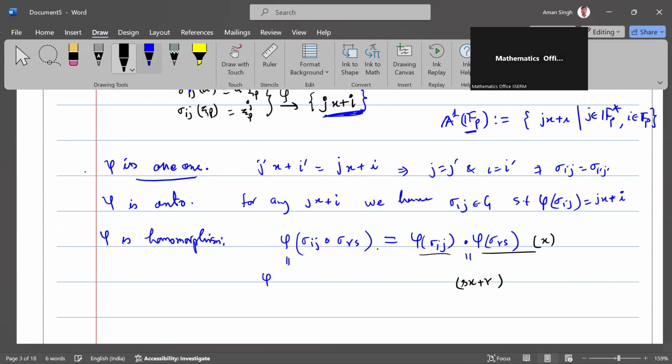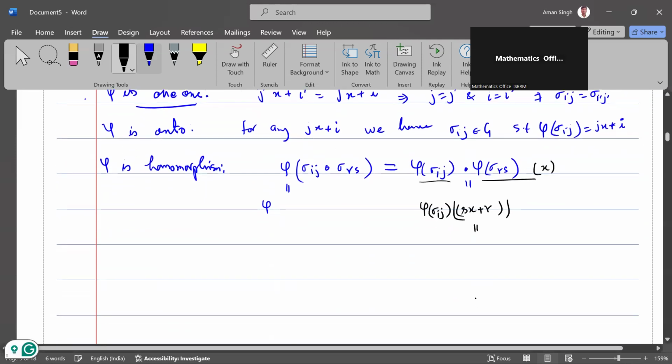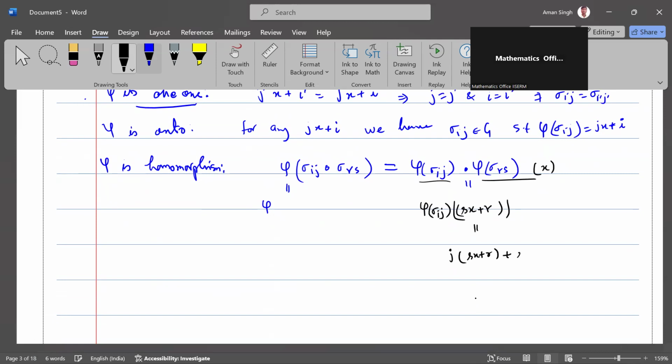This is an element in F_p again, and we are applying phi of sigma_ij on this. The next step, it will become j into (sx plus r) plus i, and this is equal to jsx plus rj plus i. This side we are getting this, so we should get the same thing on the other side also.